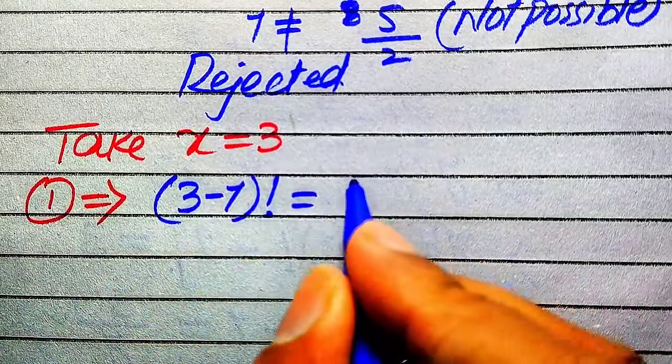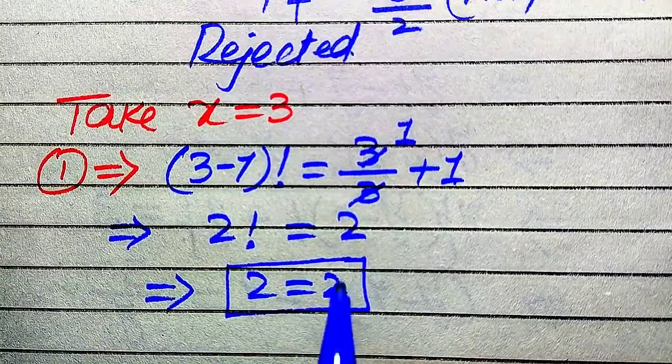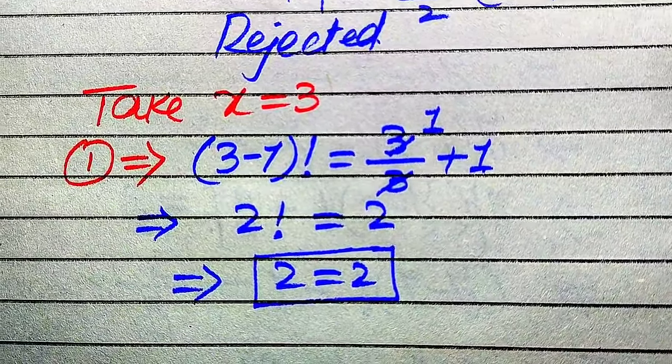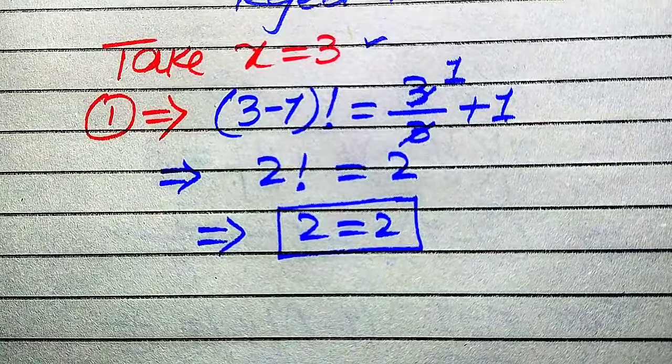And here again you see that 3 minus 1 becomes 2 factorial. These 3 and 3 are gone, and we get 1 only, and 1 plus 1 becomes 2, and we get 2 factorial equals 2, equals 2. So this means that both sides are equal, so the value x equals 3 satisfies our given question statement.